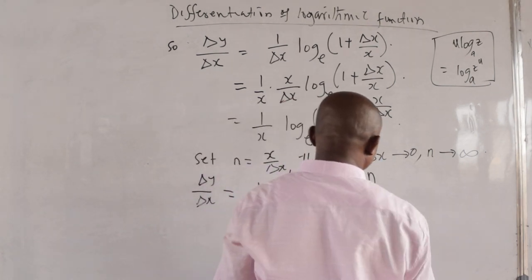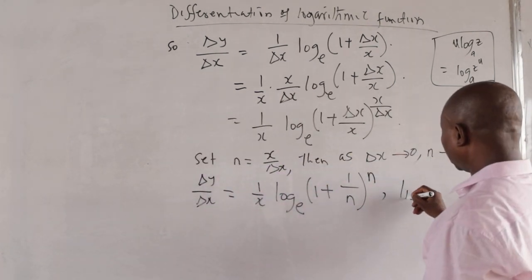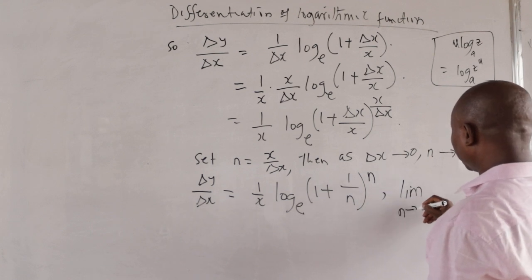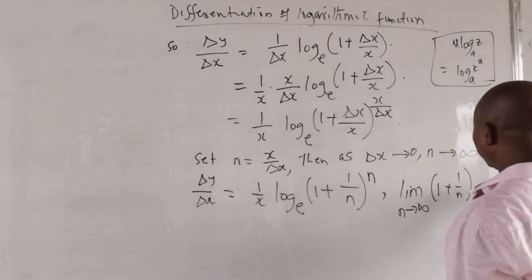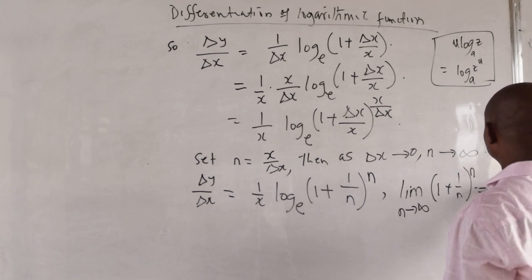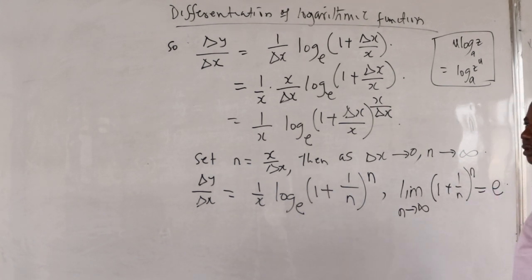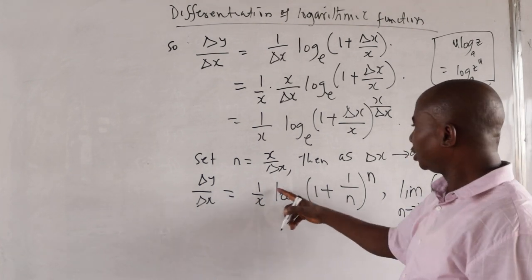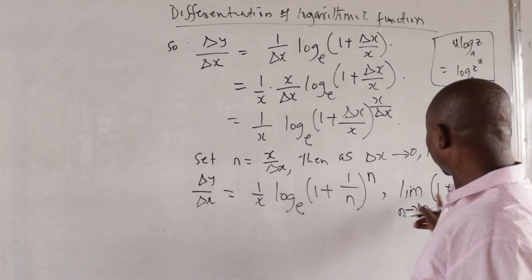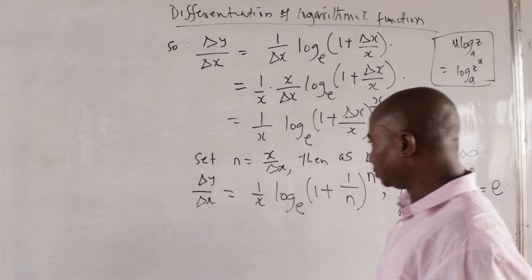We know that the limit as n tends to plus infinity of 1 plus 1 over n raised to power n is exactly e, the Euler's number. So this is that. Therefore, what I have here, if I pass the limit, is what is going to be reflected by this.